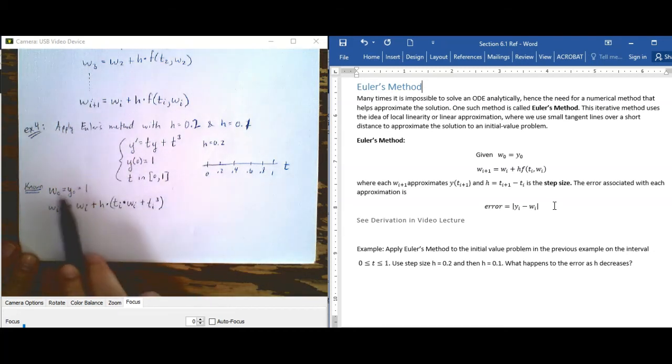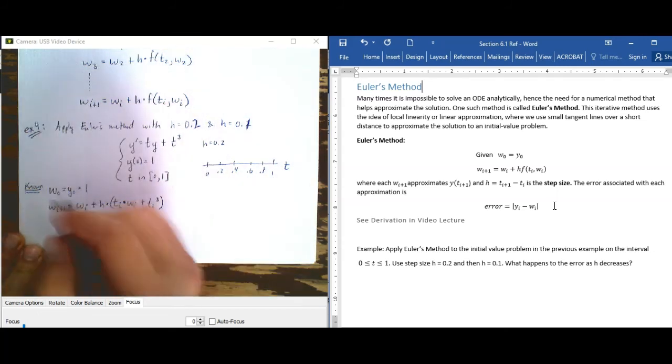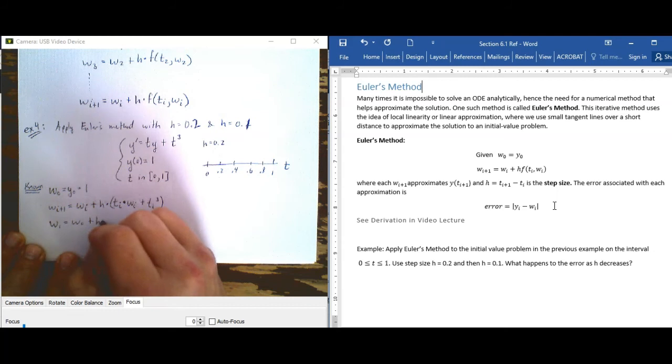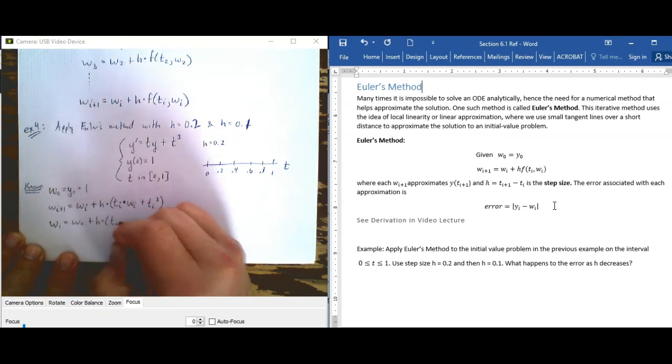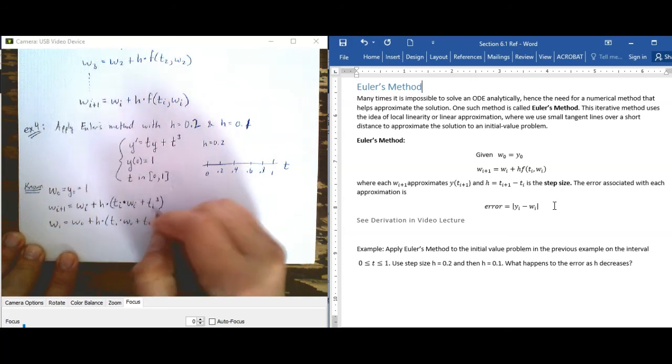So all we need to do is just plug in and then use our next approximation. So let's look at W1. It would be W0 plus H times T0 times W0 plus T0 cubed.